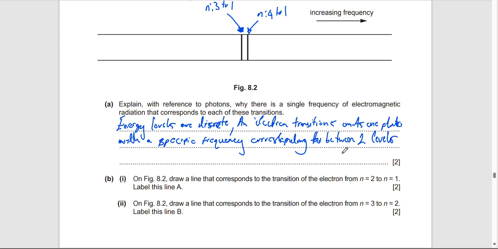So an electron transition emits one photon with a specific frequency of energy, corresponding to the gap between two levels.